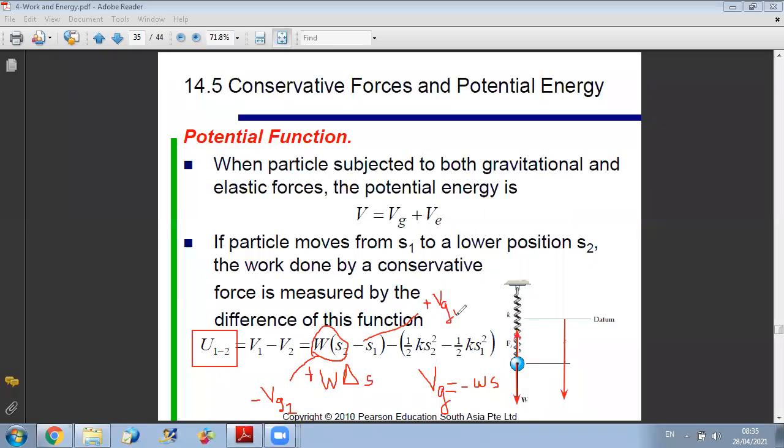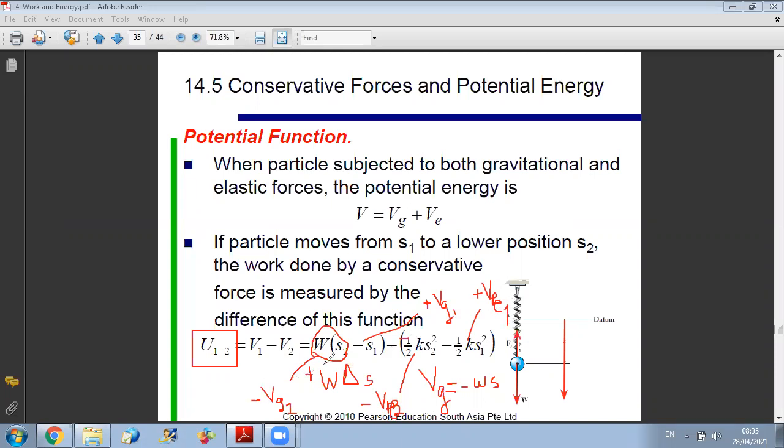Now, concerning the elastic potential energy, you have here minus half K s2 squared, so it's minus V elastic at state 2. And you have plus half K s1 squared, which is plus V elastic at state 1. So what can we deduce from this?